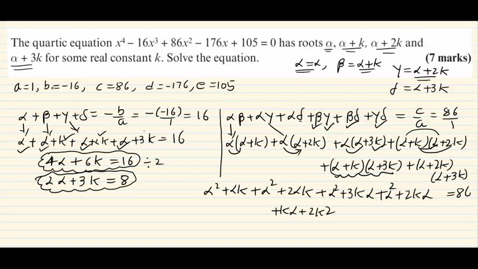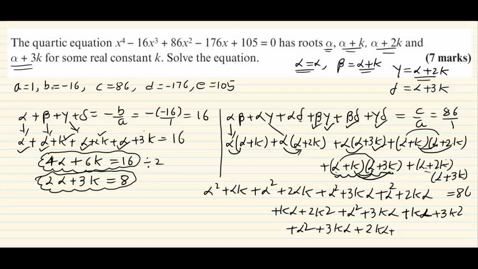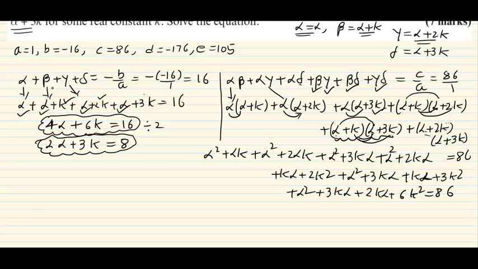Now this one we need to multiply, so alpha times alpha is alpha square. Alpha times 3k, it should be 3k alpha. It's a tedious job. Now k times alpha and k times 3k, it should be 3k square, right? And the last one is alpha times alpha, that is alpha square, and alpha times 3k, it should be 3k alpha, then 2k alpha, and 2k times 3k, it should be 6k square, equal to 86. Is that fine? This is what we got, right?